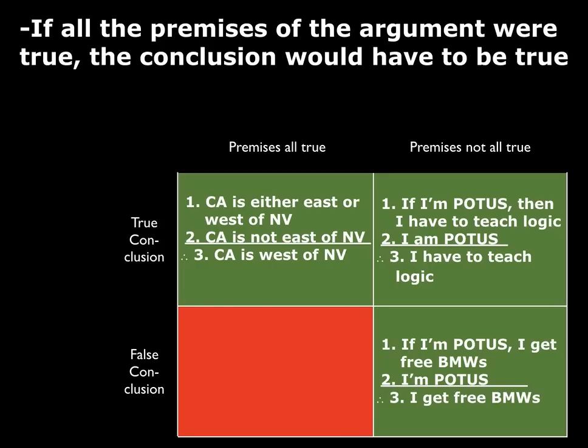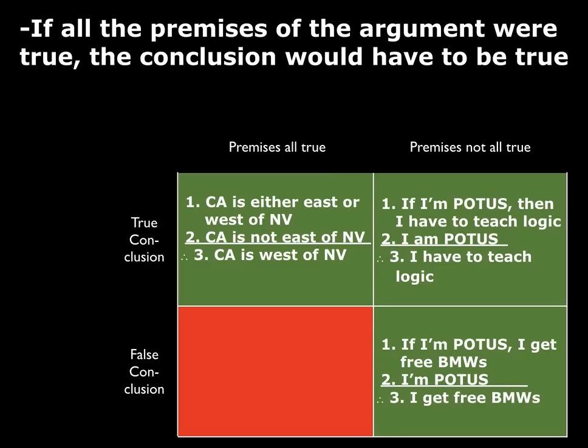Okay? If all of the premises of the argument were true, so suppose we're in this column, then the conclusion has to be true, so we're limited to row 1. This is what the first version of the definition is telling us. It's saying if the premises are true, then the conclusion has to be true, right? We can't be here.